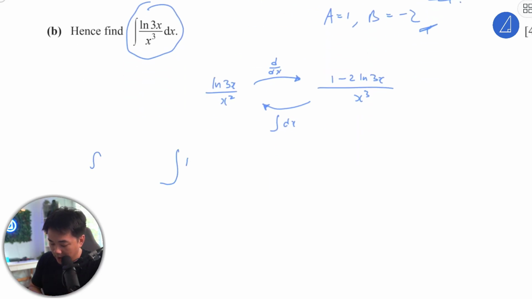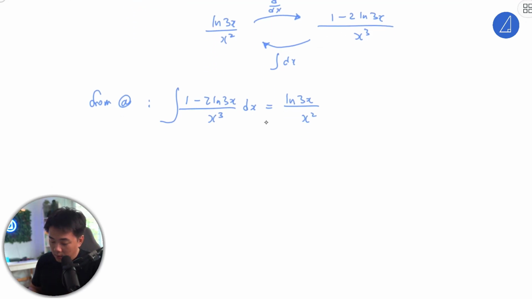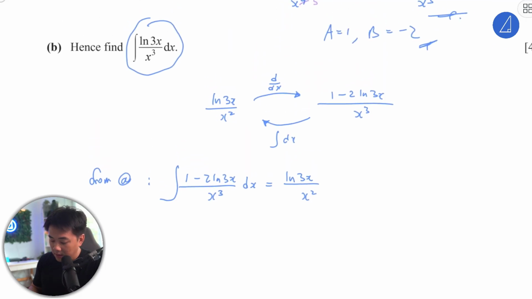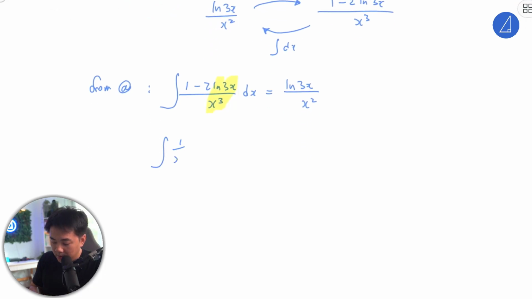From part a, we know that the integration of 2 ln 3x over x cubed dx will just be ln 3x over x squared. You can put a plus c, but you can add it at the end. Then you realize the integral that you want has x cubed, so it falls under here. What you need to do is just split this up.